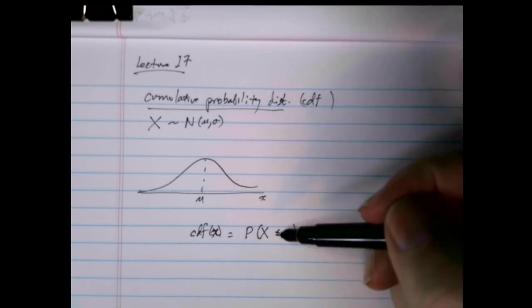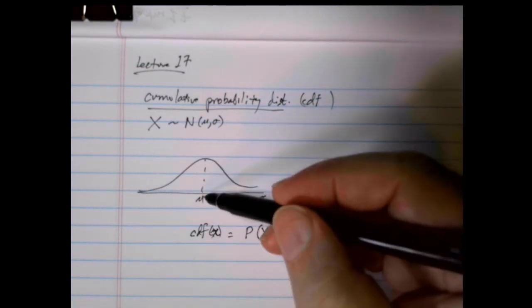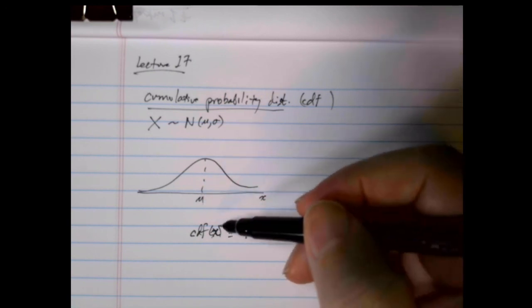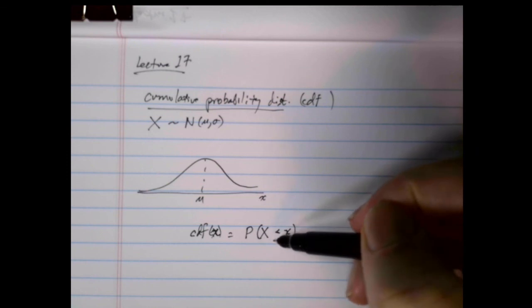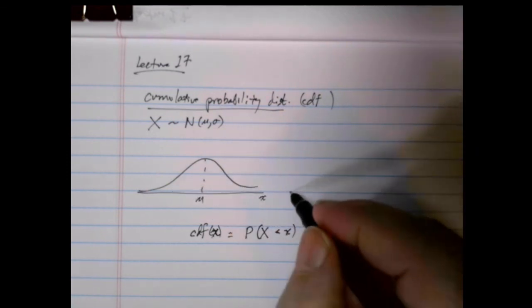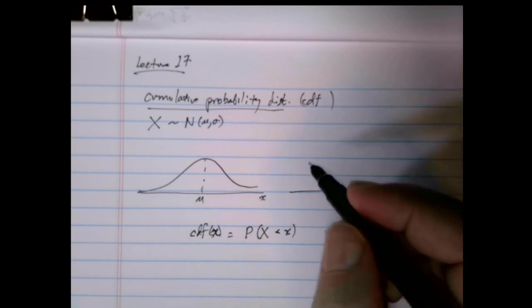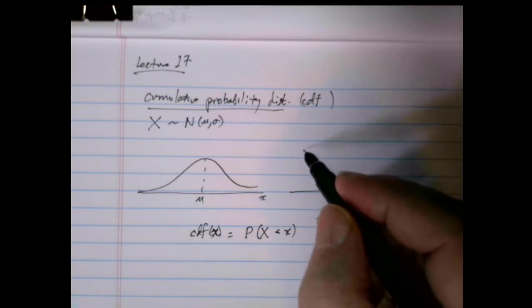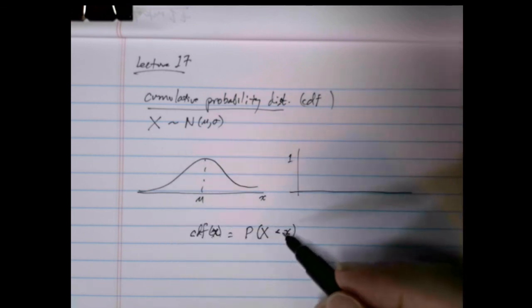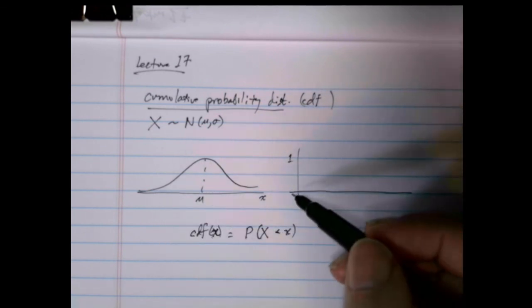So, for example, when the value little x is equal to mu, then the CDF should be equal to 1/2, because that's the probability that the random variable is less than mu. So if I were to graph the CDF of x, first of all, the maximum value would be 1, right? Because probabilities only go between 0 and 1.